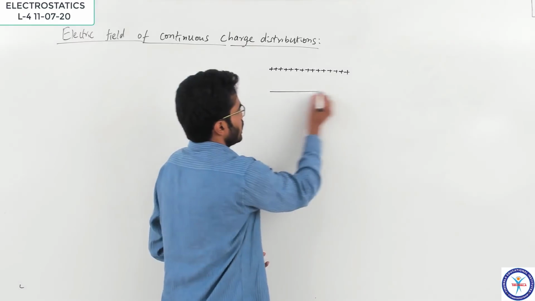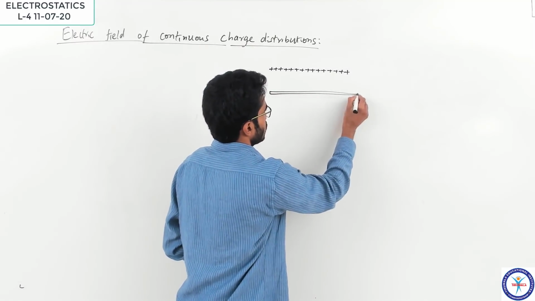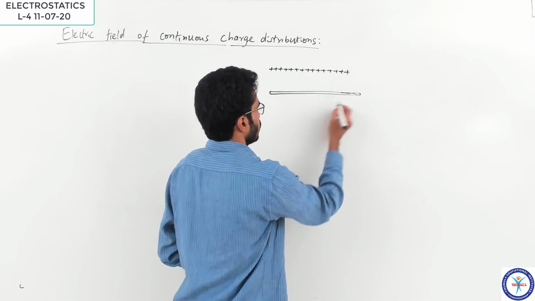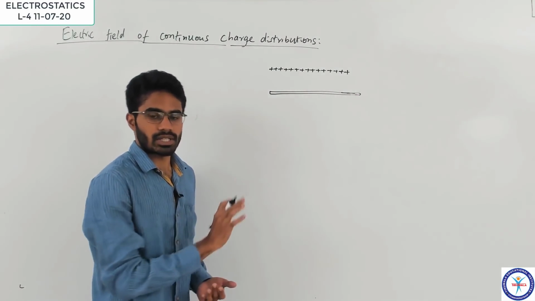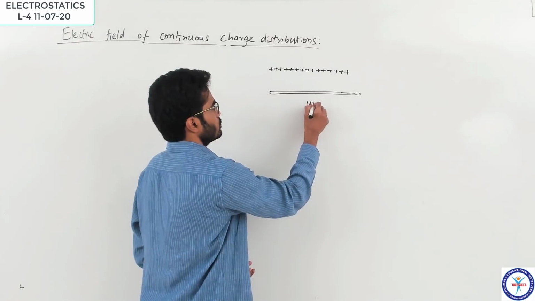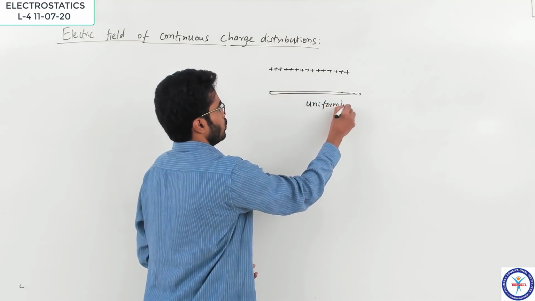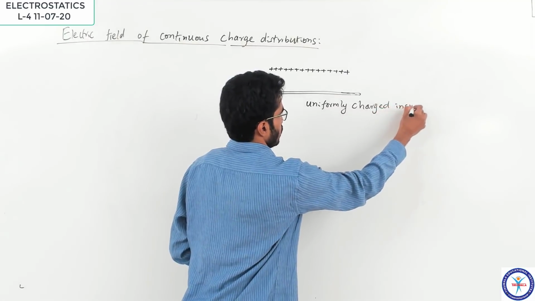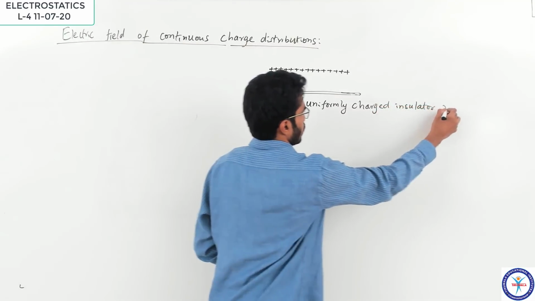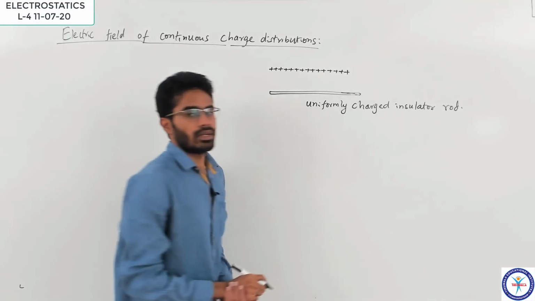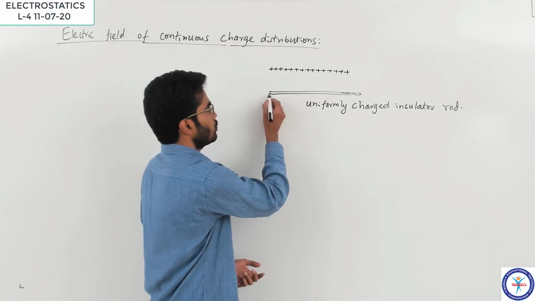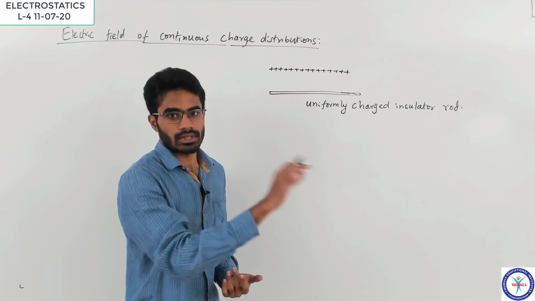Or you can take an insulating rod and charge it. An insulator rod, when charged uniformly, that means the charge is present uniformly on the substance.